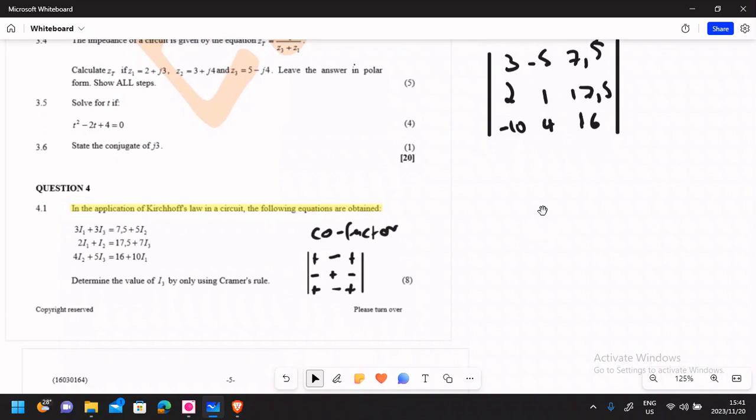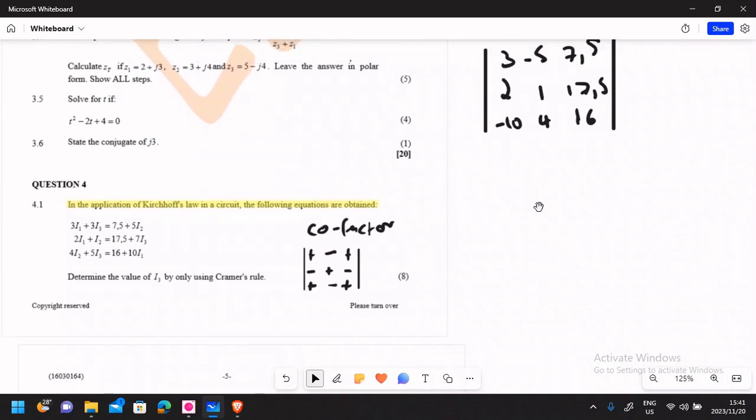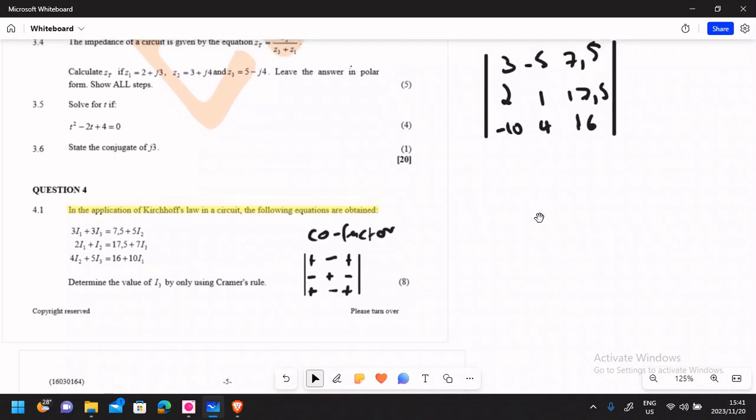Okay, let's look at our question 4. Now, remember, now we are trying to find the determinant of I3. So the determinant of I3, again, guys, I would say choose the first row, by the way. Okay, choose the first column only.